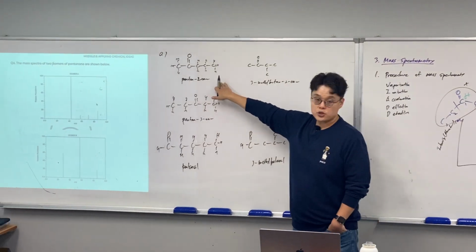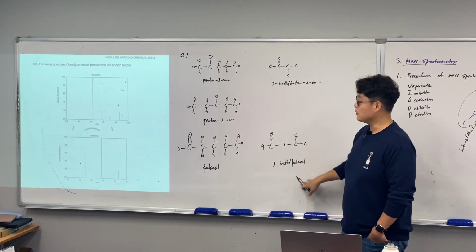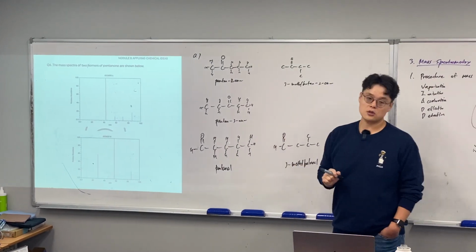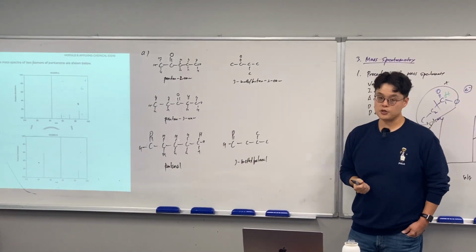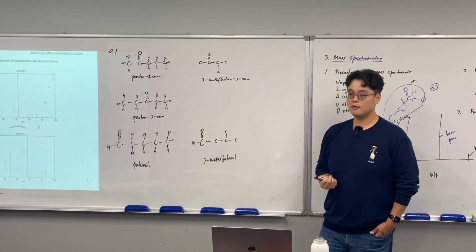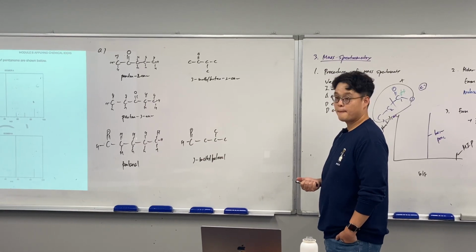These two are chain isomers, okay? These two are functional group isomers. These two are position isomers. These are functional group isomers again too. Anything else? Any other isomers, David? Is there any possible isomer that we can get from here?